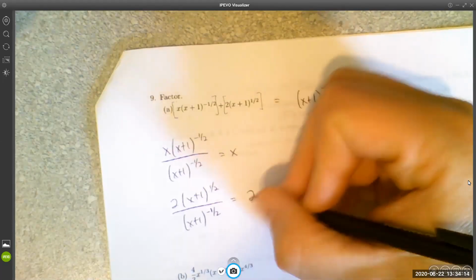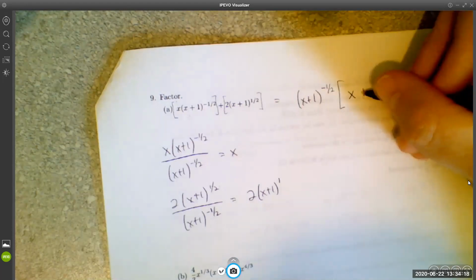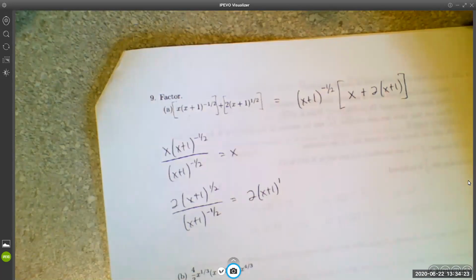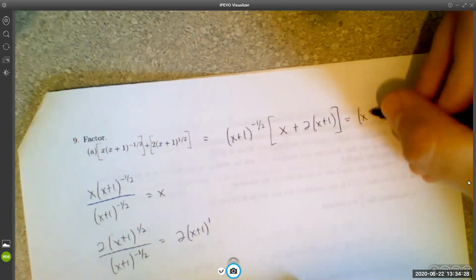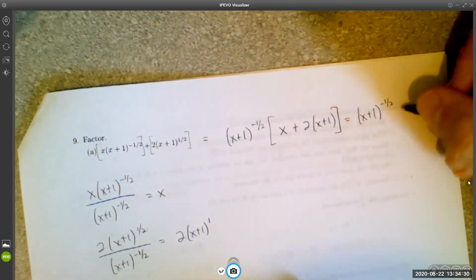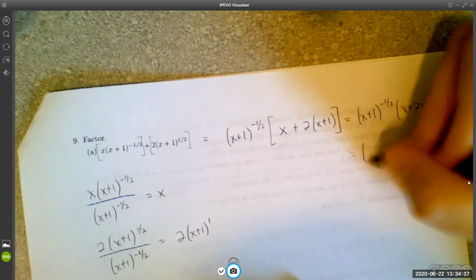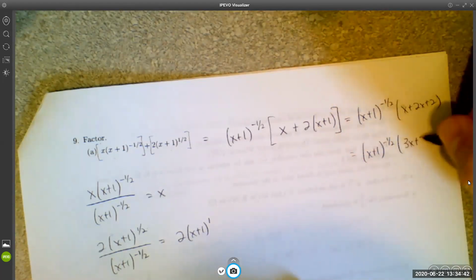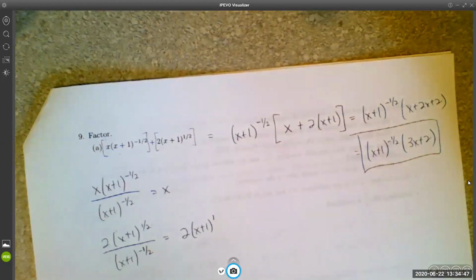So this is going to be 2 times x plus 1 to the first power, or in other words, just 2 times x plus 1. So I can continue to simplify this now. This is going to be x plus 1 to the negative 1/2 times x plus 2x plus 2. So that's x plus 1 to the negative 1/2 times 3x plus 2. And there we go. That's how you would factor these things.